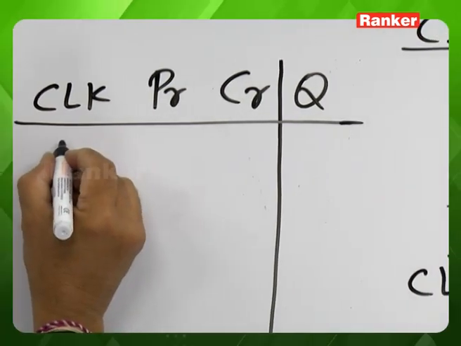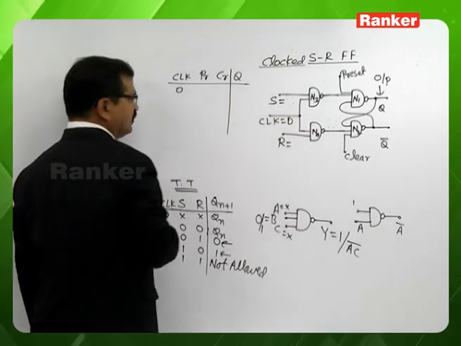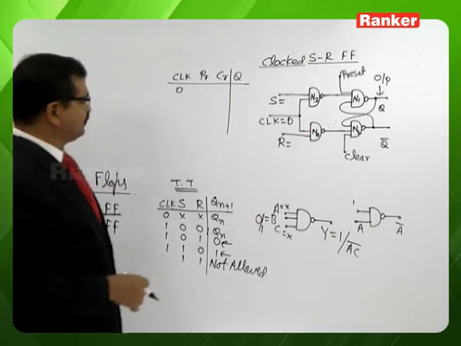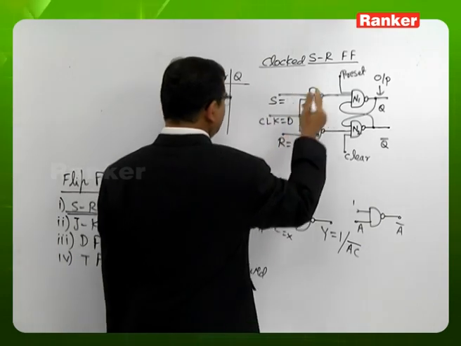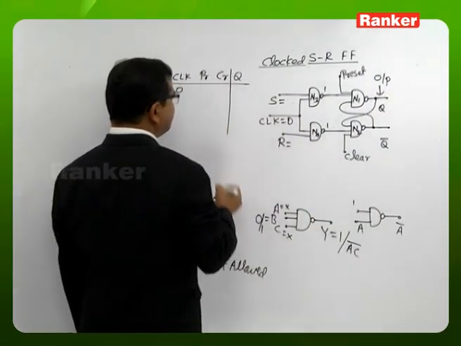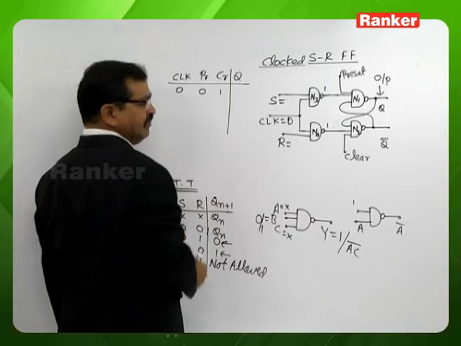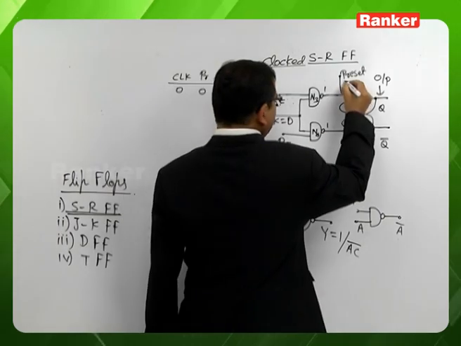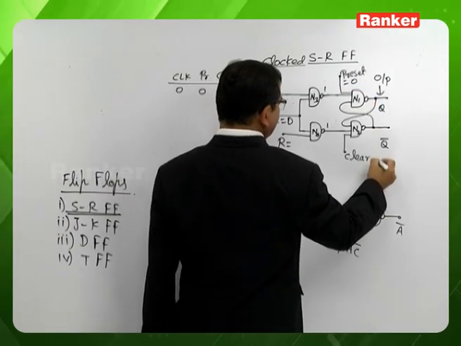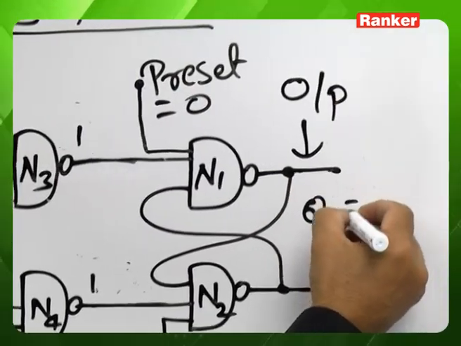As I said, without using the clock, the clock must be 0. So whenever the clock is 0, there is no need to talk about S and R. Gates N3 and N4 are both 1. Let us keep preset 0, clear 1. With preset 0 and clear 1, gate N1's output is 1.